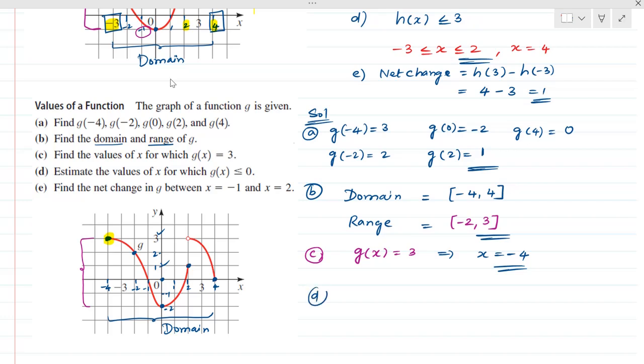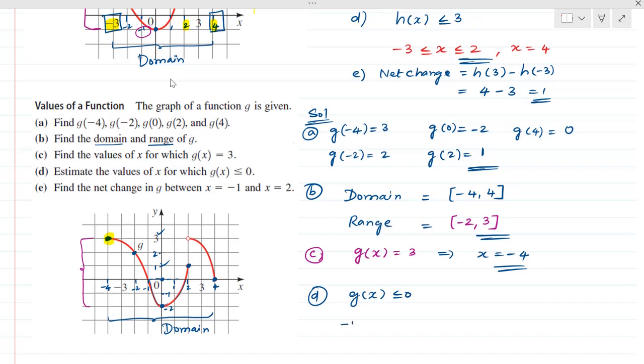Next, I have to find g of x less than or equal to 0. Where is it less than or equal to 0? This point. So you will get the graph. This graph is less than this part. So it is -1 to, it is not exactly 2. It will be less than 2. I will take 1.8.